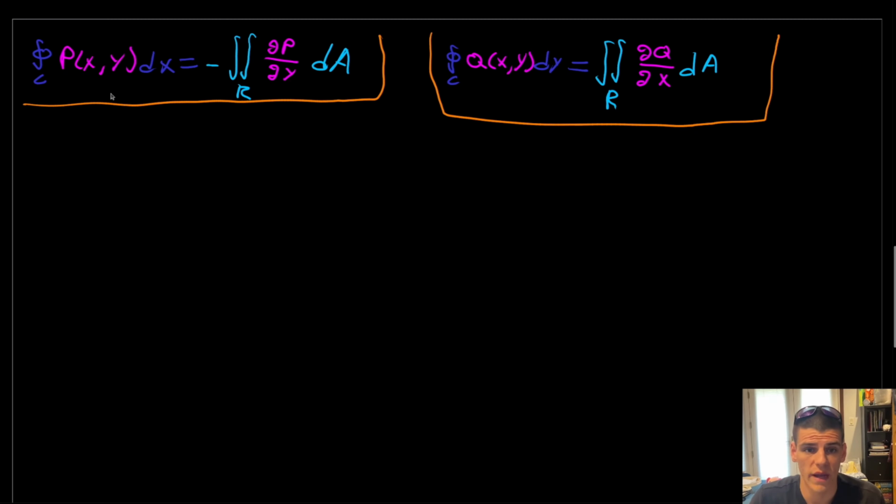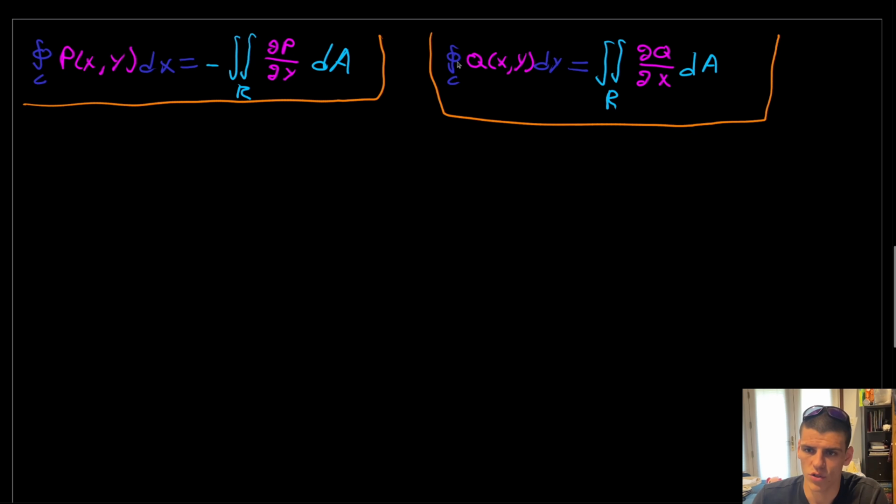So I've got a new page here where I wrote down the results of the two exercises we just went through. First, we found that the integral around the closed curve C of this p component times dx is equivalent to the negative of the double integral over the region of the partial of p with respect to y times dA, which is these little increments of area in the region.